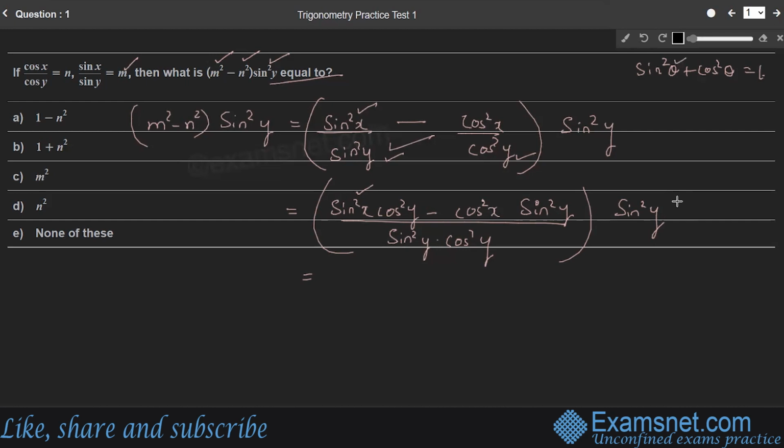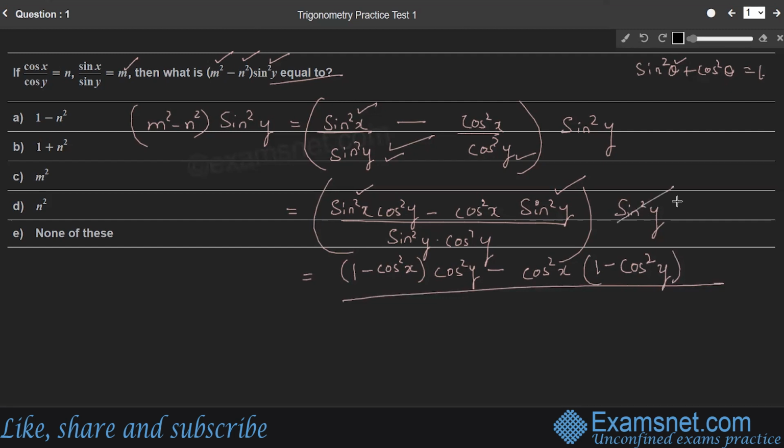So sin square x becomes 1 minus cos square x into cos square y, minus cos square x into, for sin square y, we'll write 1 minus cos square y, whole divided by cos square y, since we can cancel sin square y and sin square y. So we are expressing the whole term in terms of cos.